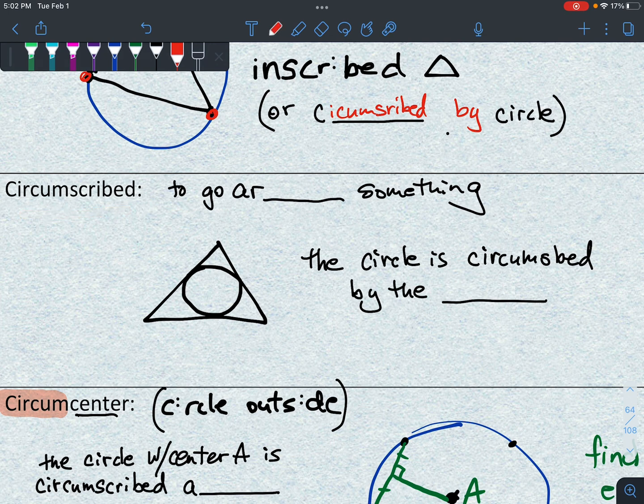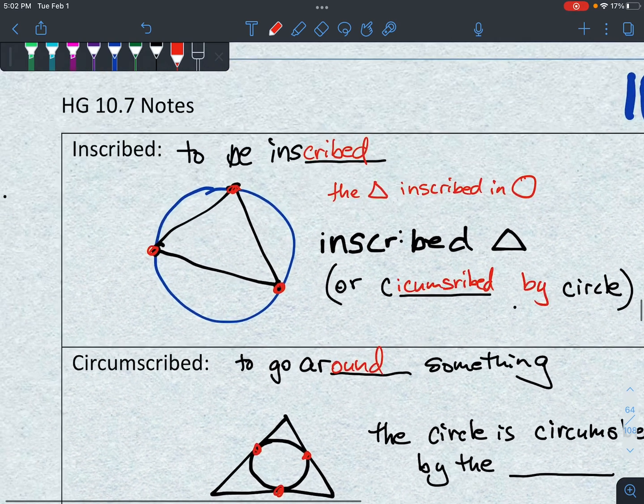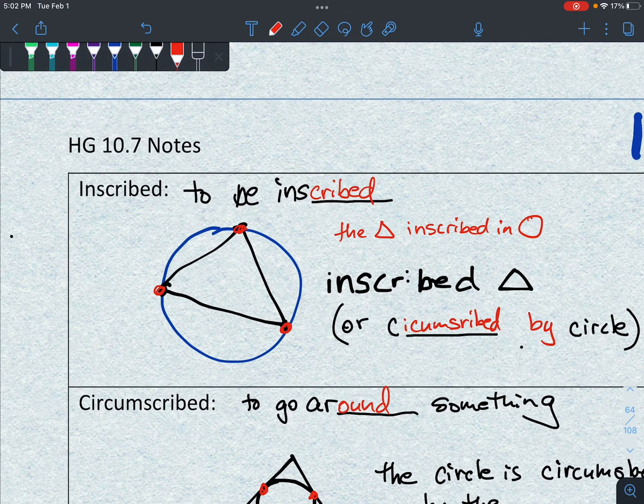Again, to circumscribe means to go around something, and we touch it once on each side, so to speak. So again, notice in the inscribed nature, I should say something like to be inside, but the vertices touch the circle.